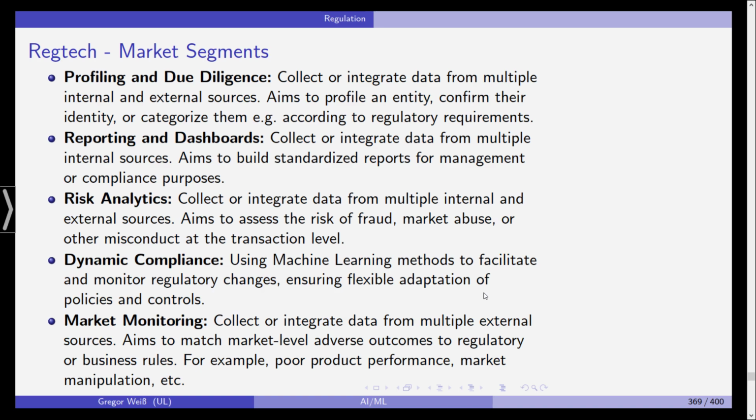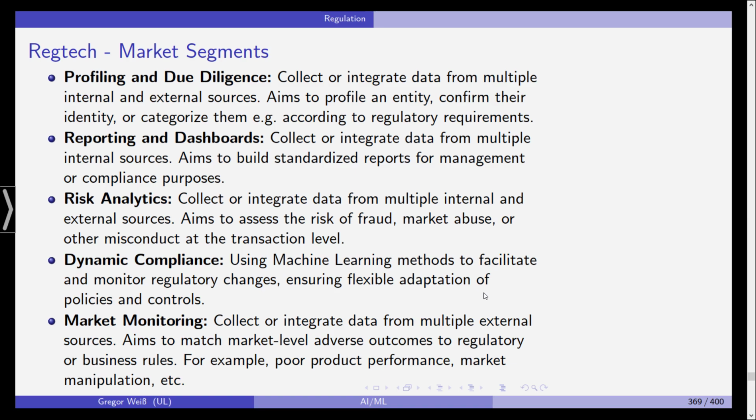So what are the different market segments to get a better feeling of what Regtech encompasses? First of all, profiling and due diligence, that is, you collect and integrate data from multiple internal and external sources. And what's your aim? To profile an entity, to confirm the identity of a person, of a company, or to categorize them according to regulatory requirements.